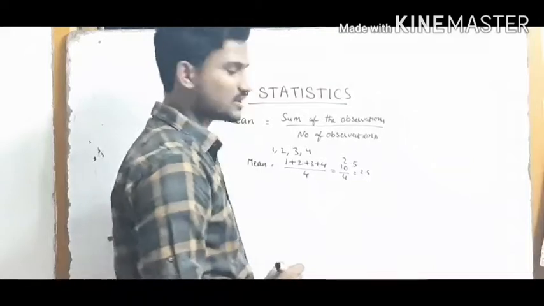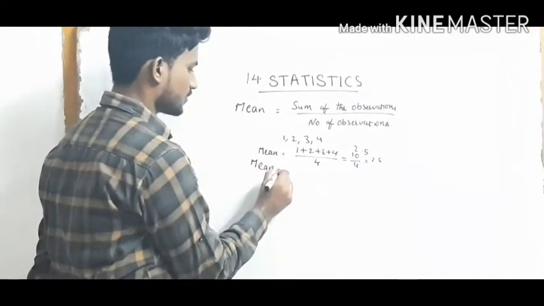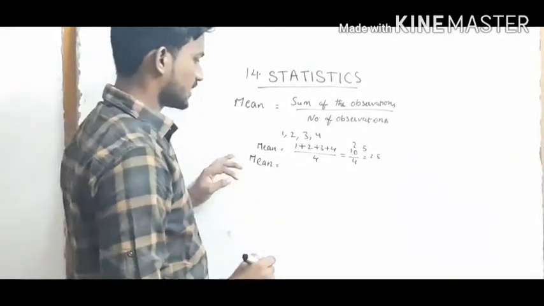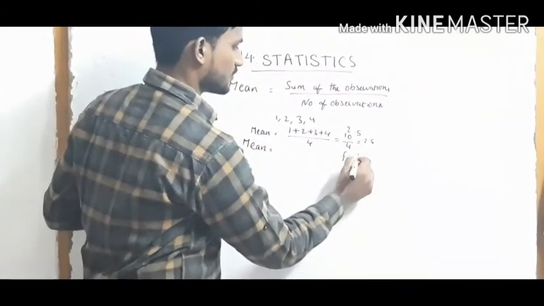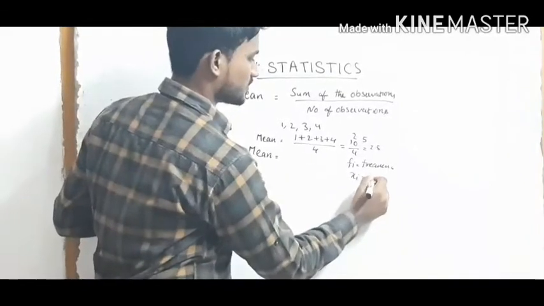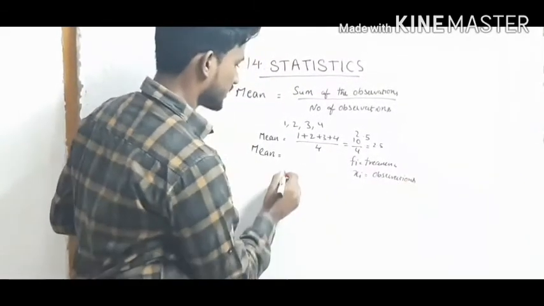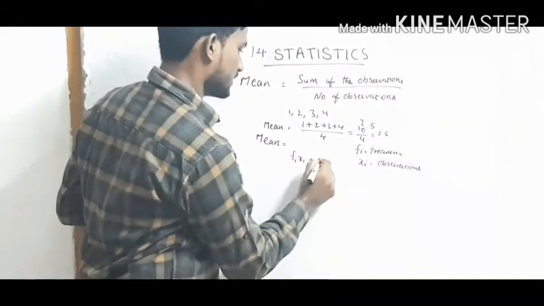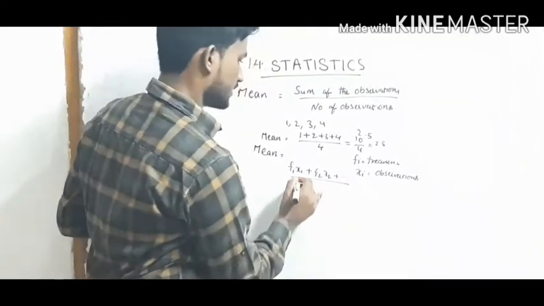For grouped observations, there is a formula for mean. There are 3 types. First, the mean is found directly. Here fi is the frequency and xi is the observations. Then we can write f1 x1 plus f2 x2 and so on, by n, the number of observations.